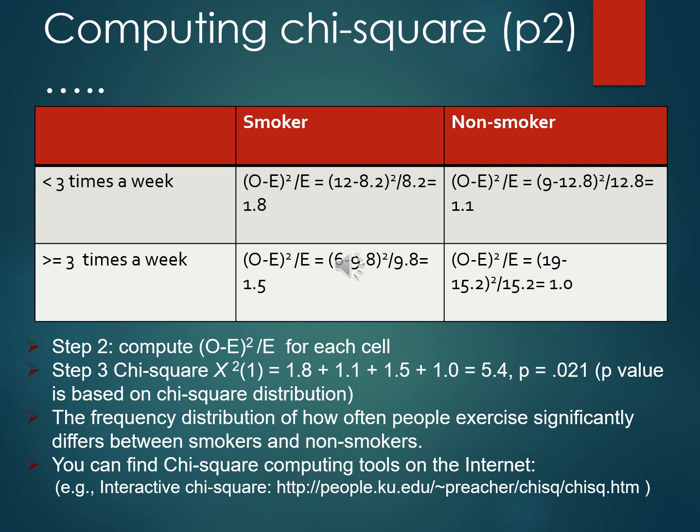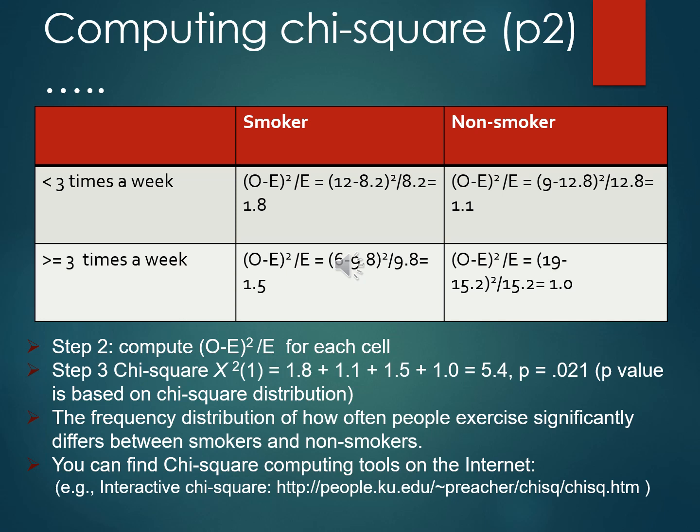Then you compute each of these four cells and sum them up. That's 5.4. And the p-value corresponding to 5.4 with degrees of freedom 1, because it's a 2 by 2, 2 minus 1 multiplied by 2 minus 1, is 0.021.